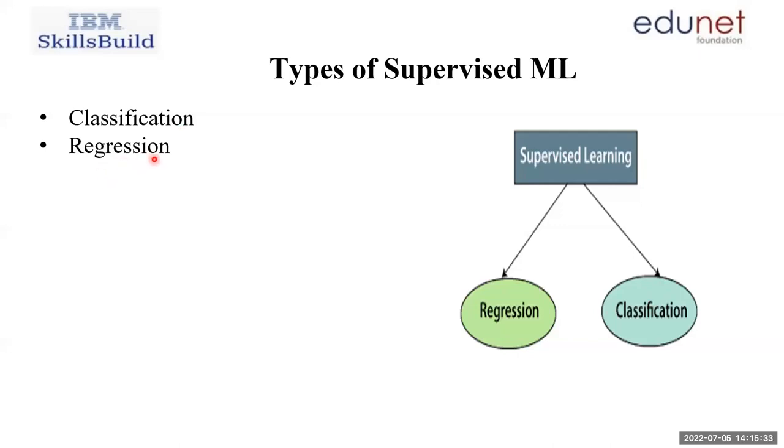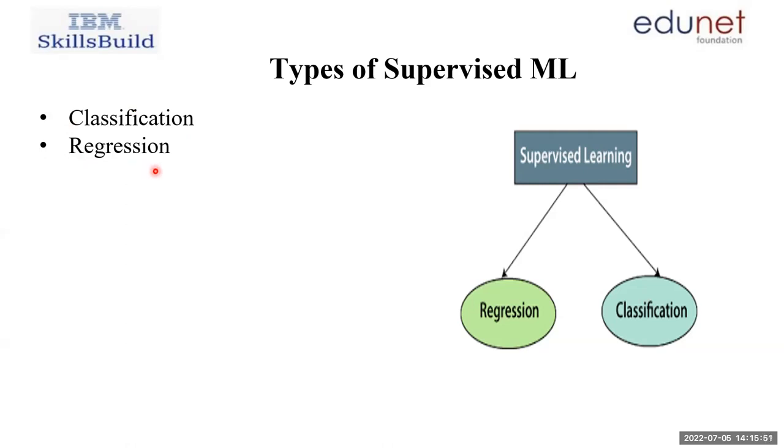In the case of classification, the output will be a label, or a class associated with it. But in the case of regression, the output will be a value.